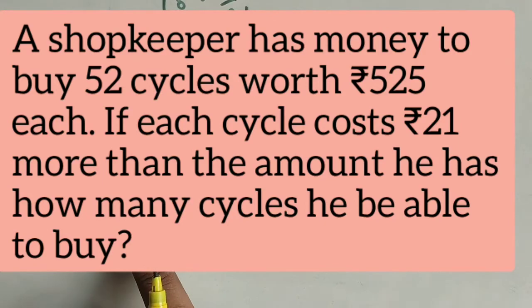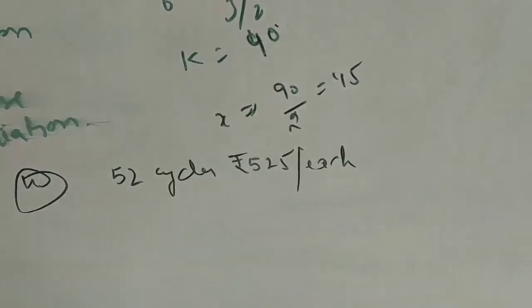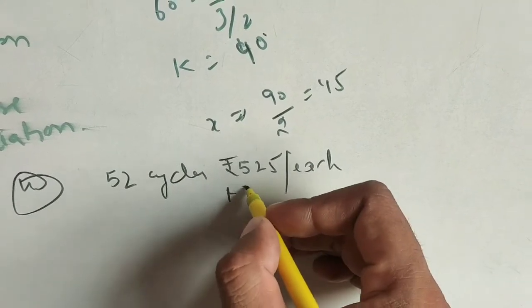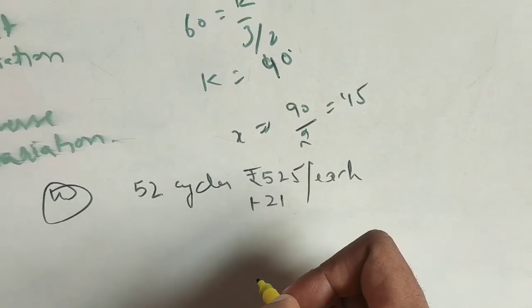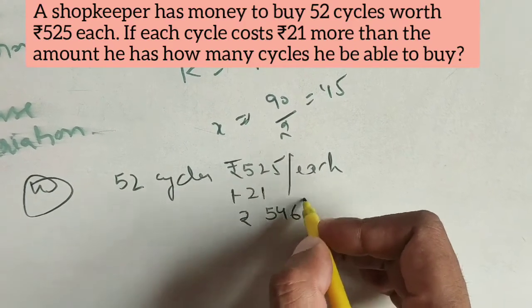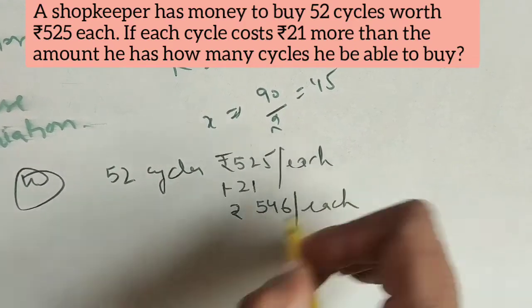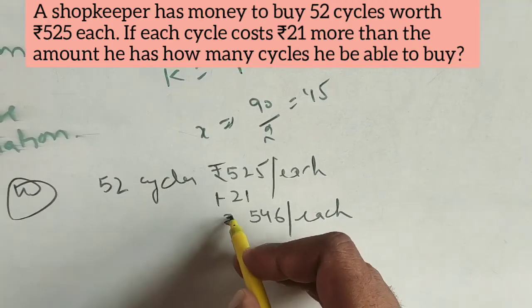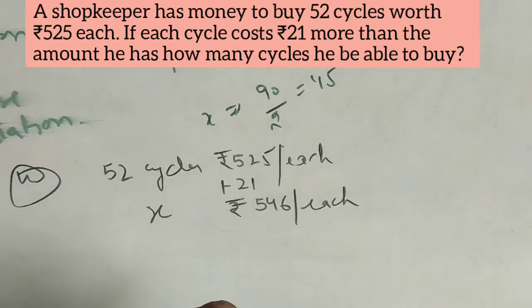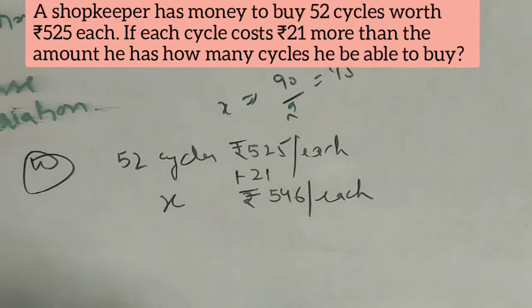Now he has money to buy 52 cycles at a price of 525 rupees each. If the price is rupees 21 more, it becomes rupees 546 each. If the cost of each bicycle becomes rupees 546, then how many bicycles can he buy?